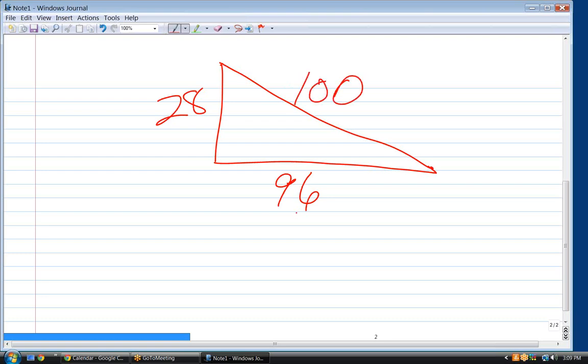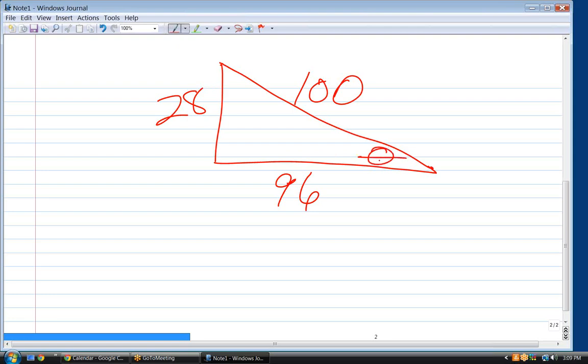Okay. We don't really care if it's a right triangle. And, well, actually we do. And the angle that we're finding it is adjacent to the 96 side. This one here?